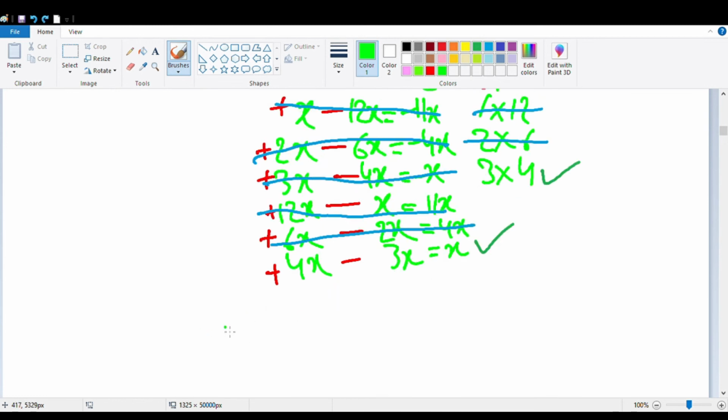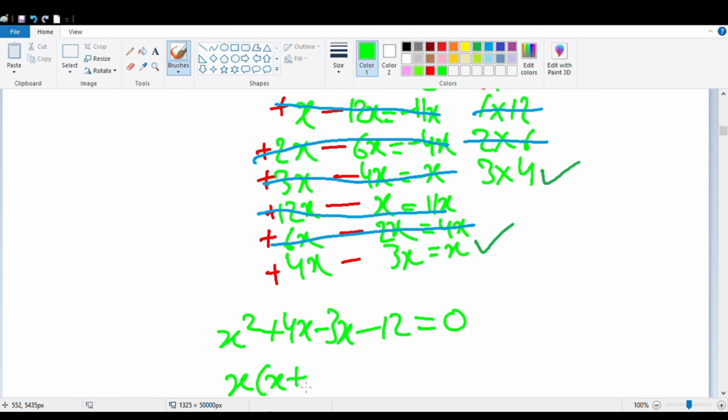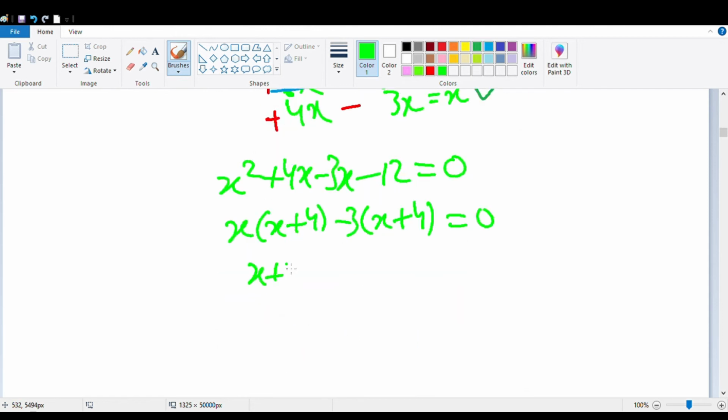Let's write that down. We get x squared plus 4x minus 3x minus 12 is equal to 0. So we get x into x plus 4 minus 3 into x plus 4 is equal to 0. So we get x plus 4 into x minus 3 is equal to 0.